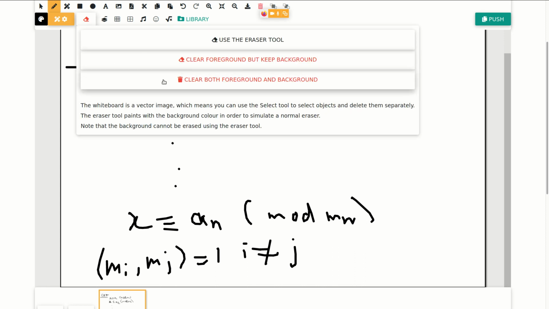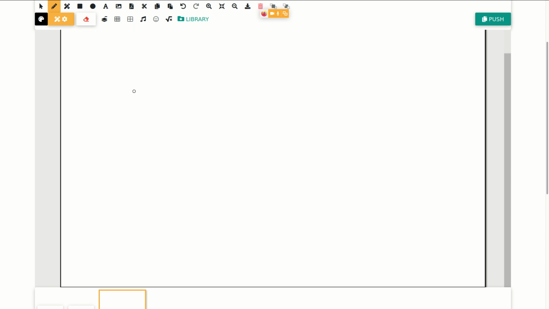So let's go on then. Let's define some variables. So capital M is of course equal to the product of all mi's. Then there's capital Mi, so there's small mi and capital Mi.